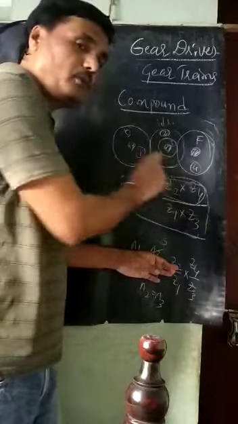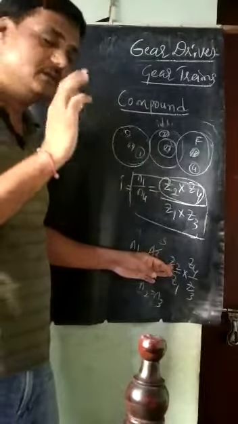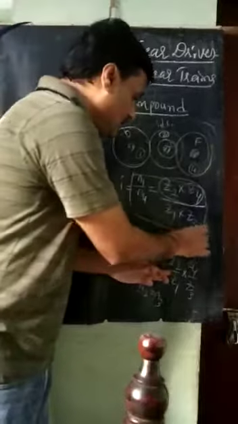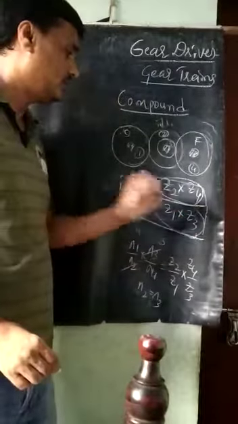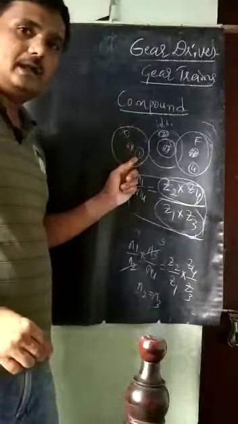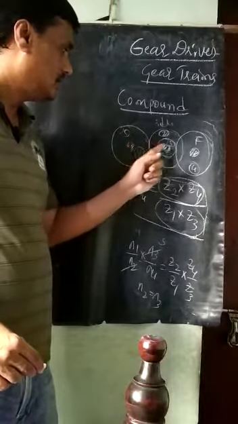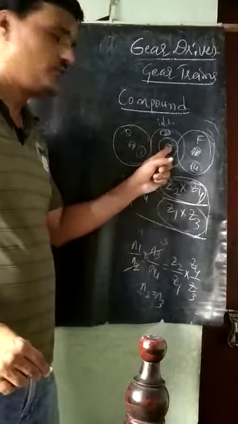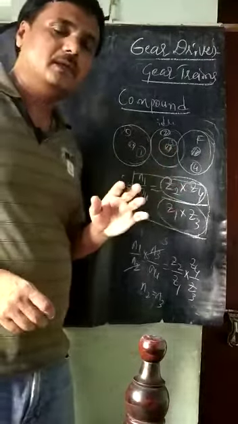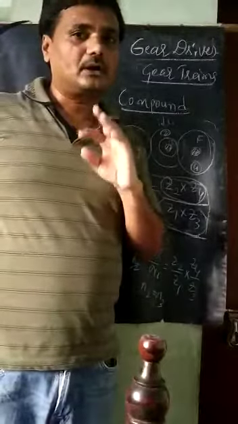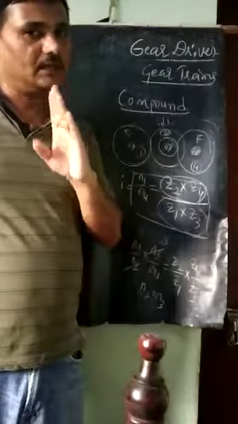So therefore it is the product of the number of teeth on the followers. And coming to the denominator here now, Z1 into Z3. Z1 is what here now? It is a driver. And Z3 means what? It is also a driver. That means the denominator is the product of the number of teeth on the drivers here.